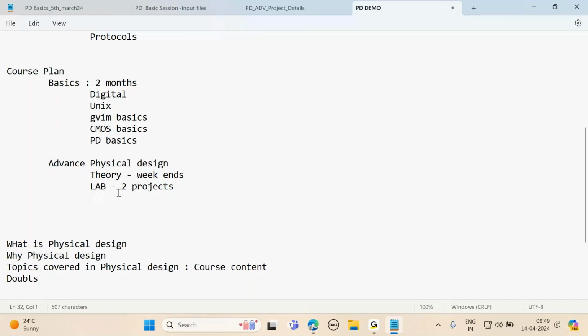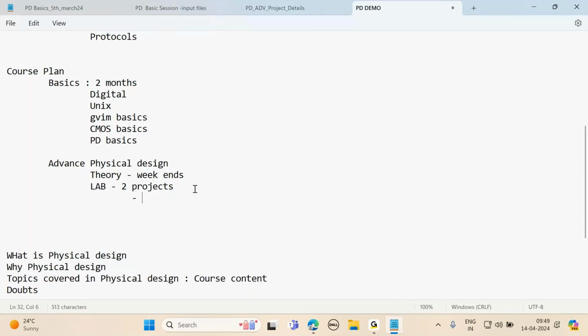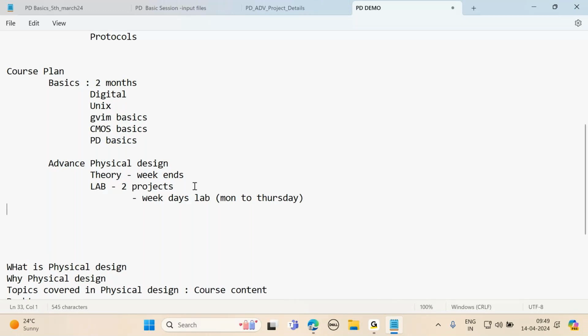So lab again we have two parts. One is weekdays lab. This is from Monday to Thursday. Next we have weekend lab.